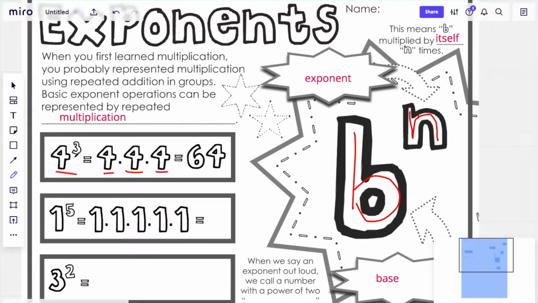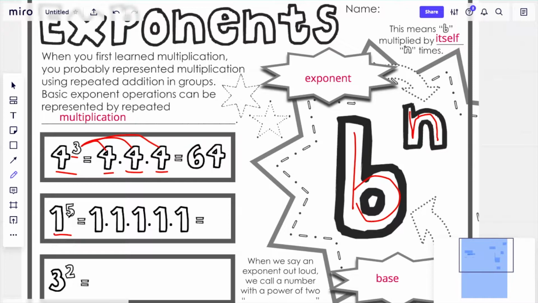And that would give us the answer 64. What we did was we looked at our exponent to tell us how many times to multiply our base by itself. Since our exponent is 3, we multiply 4 times itself 3 times to get 64.